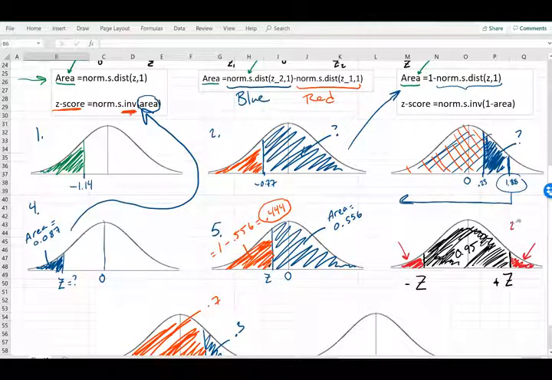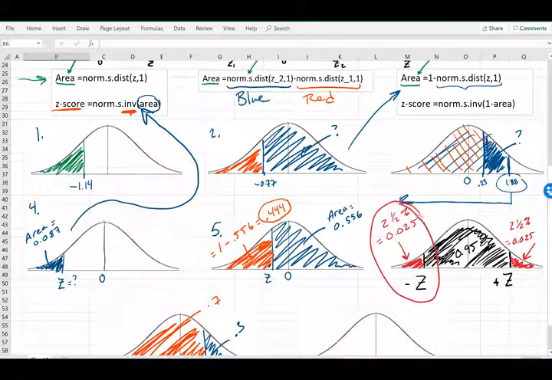So 2.5% or 0.025 on the right, and the other 2.5% or 0.025 on the left. And that's what we're going to be using here. We're going to use Excel to figure out the z-score using area to the left.